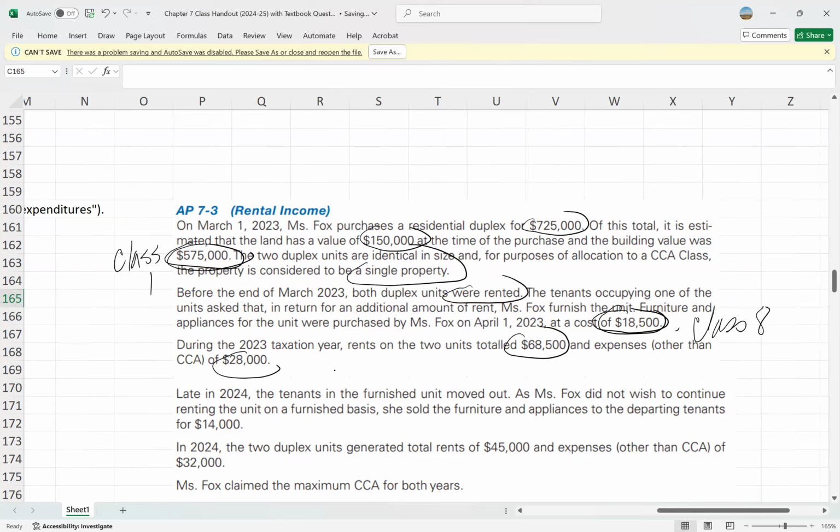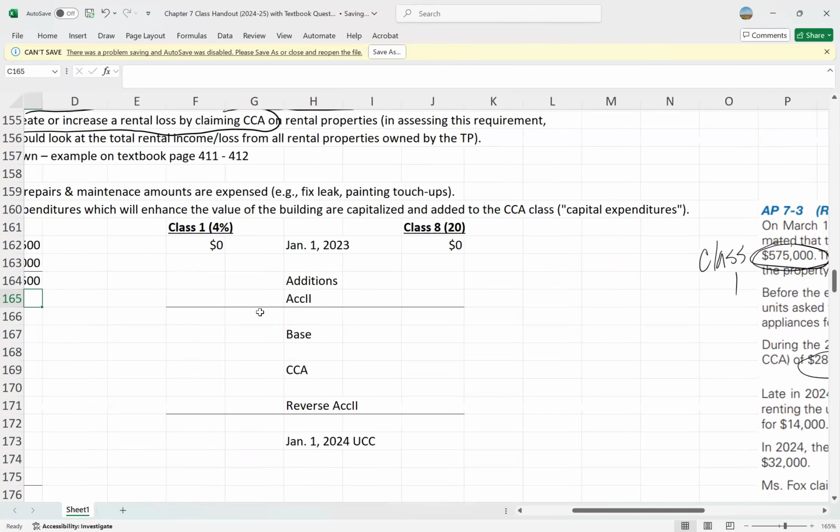And so once again, if you look on your CCA rates table, you'll see that the building, residential use, is class 1, 4%, and furniture and fixtures, class 8, 20%. So let's set up the CCA classes. The building goes into class 1, 575. The furniture and fixtures, class 8, 18,500.